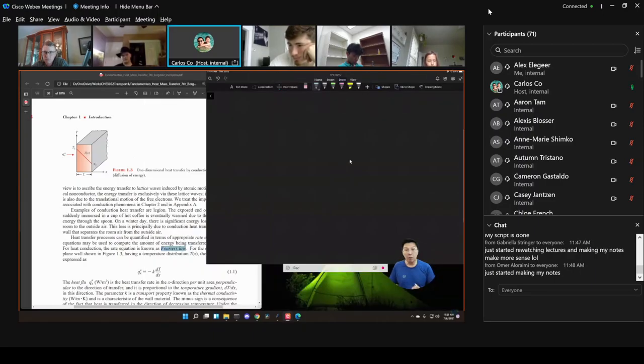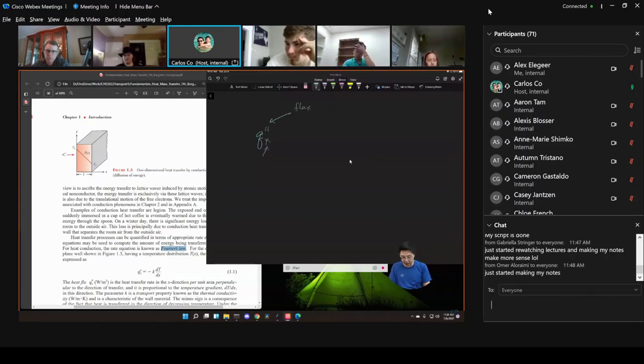So in this textbook, you'll notice they have the following nomenclature. Their nomenclature is q, and then they put two apostrophes above it, denoting a flux. It is a heat flux. And then this subscript is the direction.